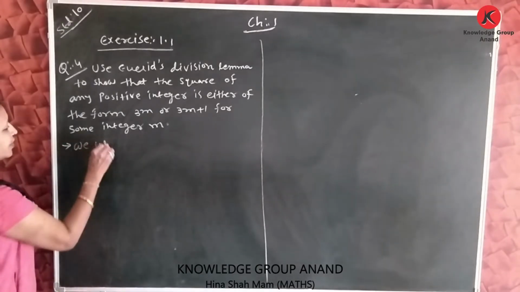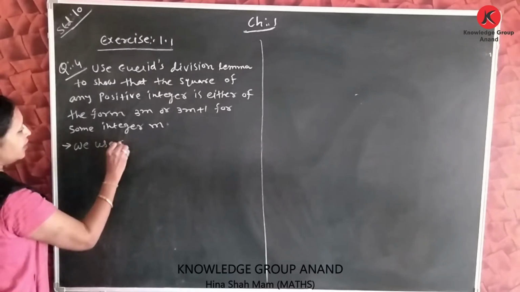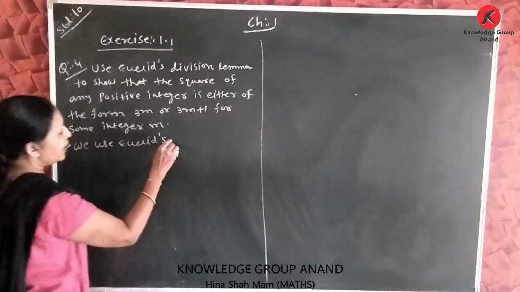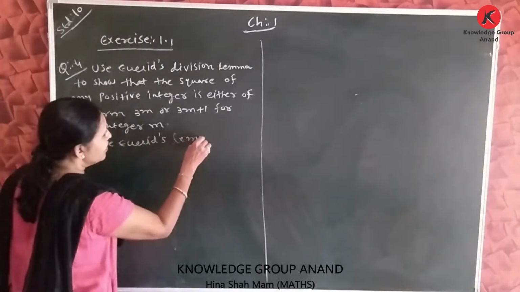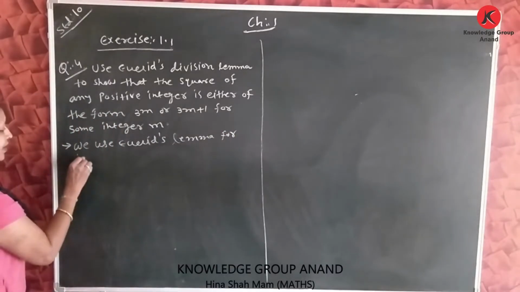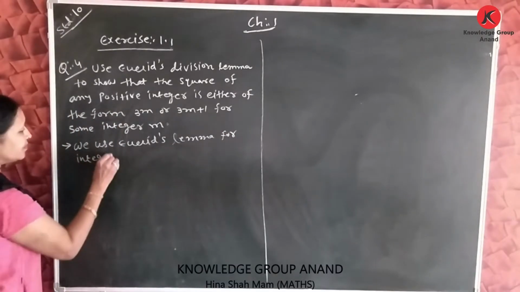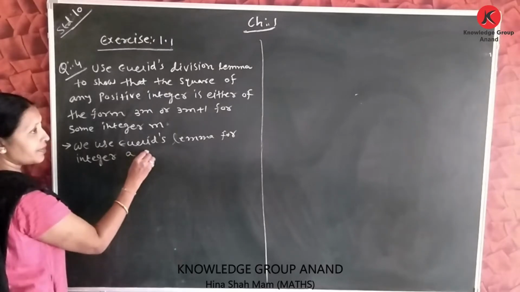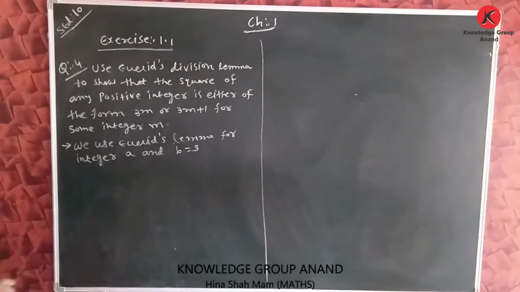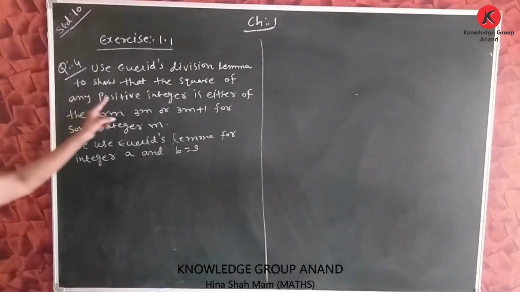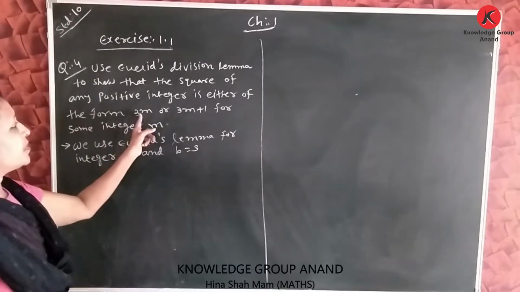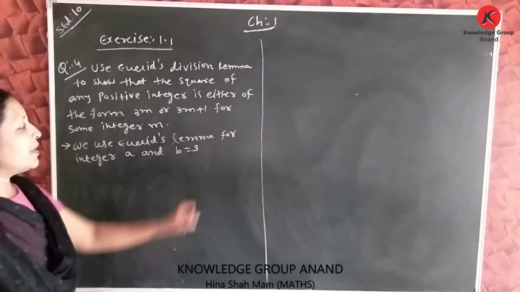We use Euclid's lemma for integers a and b, where b is equal to 3. Here b is equal to 3 because the integer is either in the form of 3m or 3m plus 1.